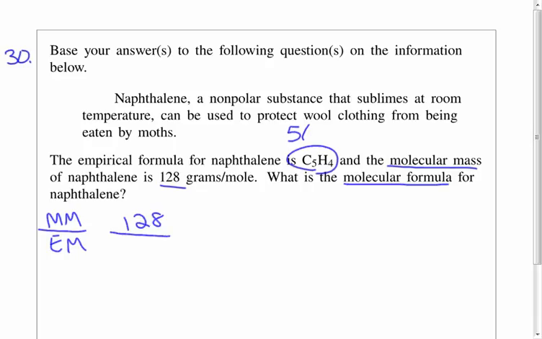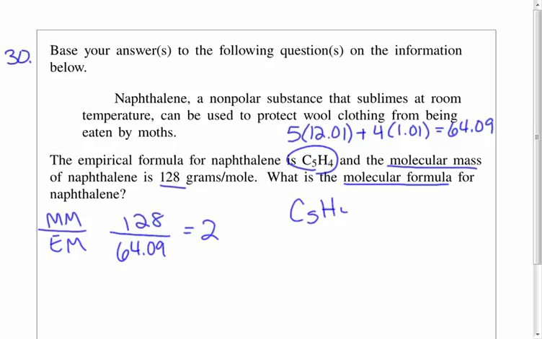This time we have 5 carbons and 4 hydrogens for a total of 64.09. When we divide those, it's very close to 2. So we'll take each subscript times 2, and we end up with 10 carbons and 8 hydrogens, and that's our final answer.